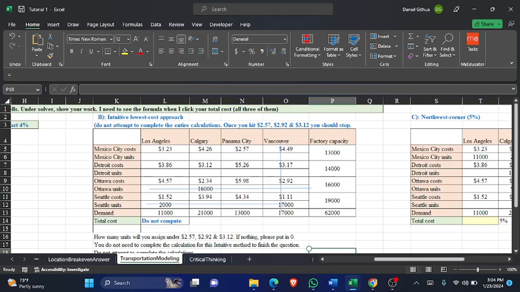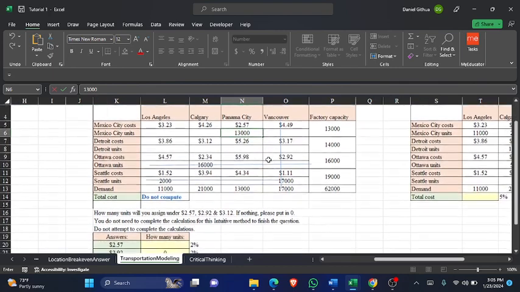Now after 2.34, the next one that has lower cost is $2.57. This is between Panama and Mexico City's cost. Now we check. Here the demand is 13,000, so we can put the 13,000 units here.